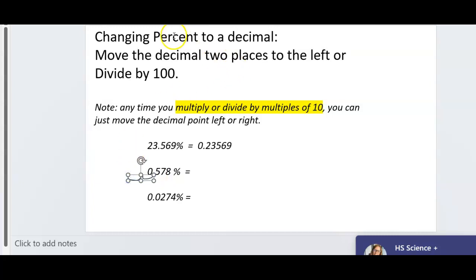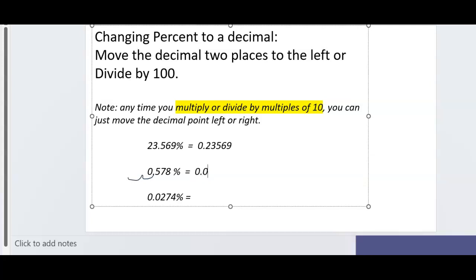And because I've moved it 2 places, now I'm going to have to fill in a 0 here to make it work. So 0.578% becomes 0.00578. So you have to add in another 0. So 2 places to the left, fill in the zeros if you have to.